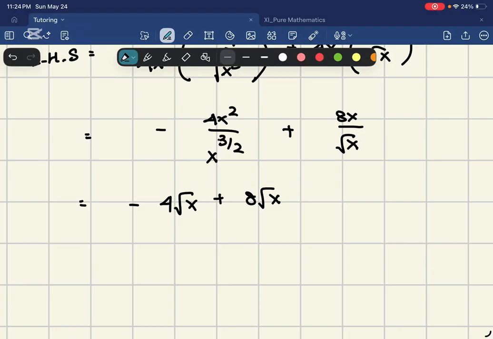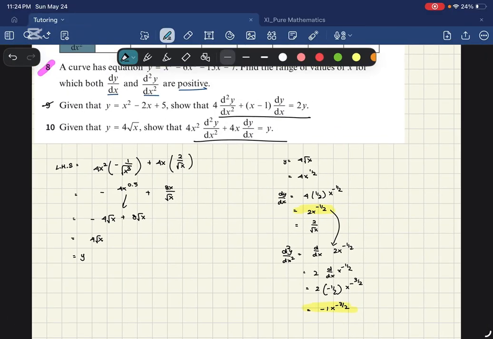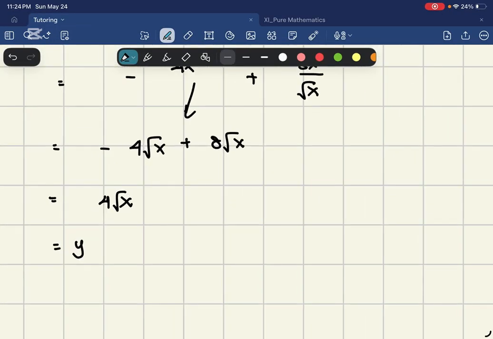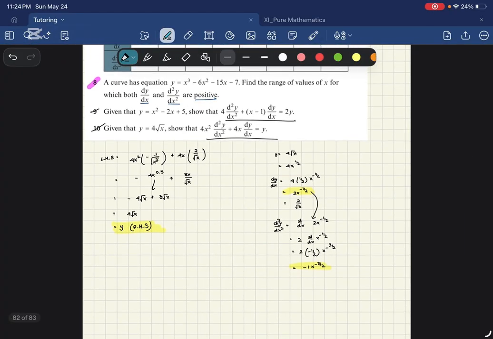X squared, so x, and if you simplify this expression, you're going to get this. And 2 minus 3 over 2 is just 0.5. So that is how I got to this point. So this is just 4 root of x, and 4 root of x is just y. So we just showed this. Y is the right-hand side. So hence, left-hand side is the right-hand side, is how you prove the equality. So we are done.